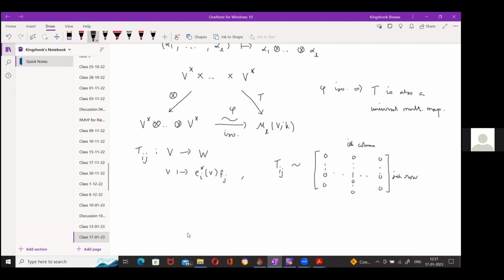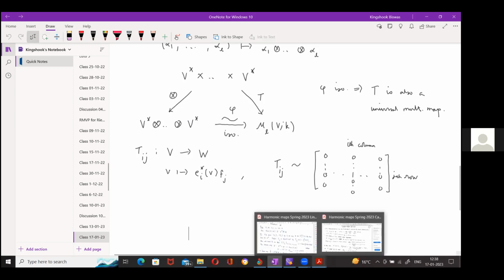Okay, so it's clear that these matrices form a basis for the space of matrices, right? Yes? So therefore, these T_ij form a basis for the space of linear maps. Notice these are rank 1 linear maps. The rank of T_ij is 1. These are rank 1 linear maps, which form a basis for the space of linear maps.